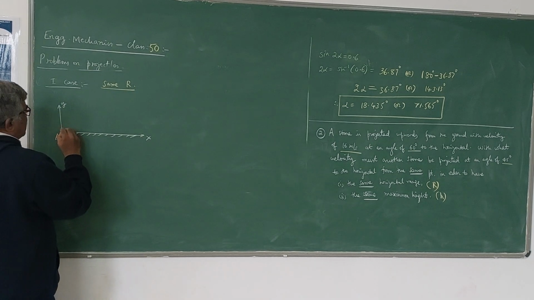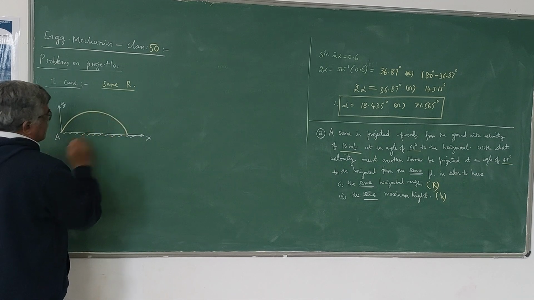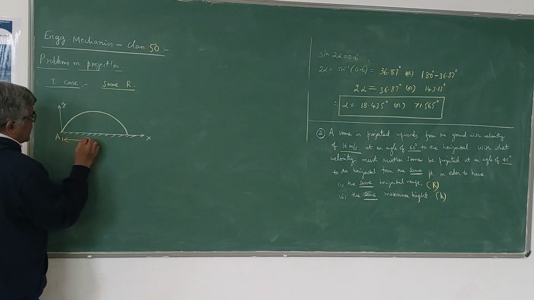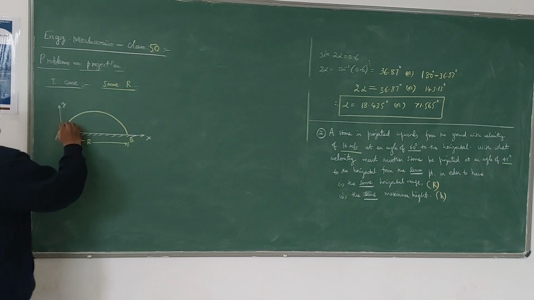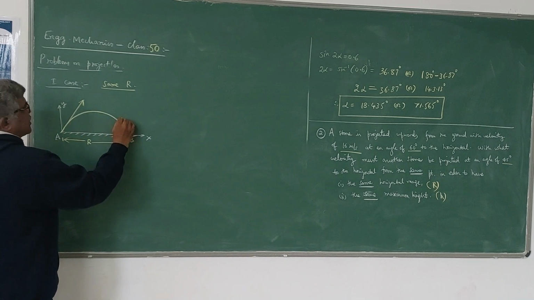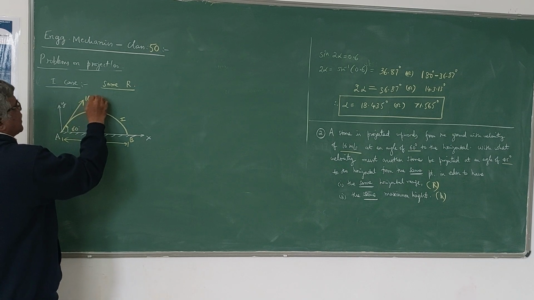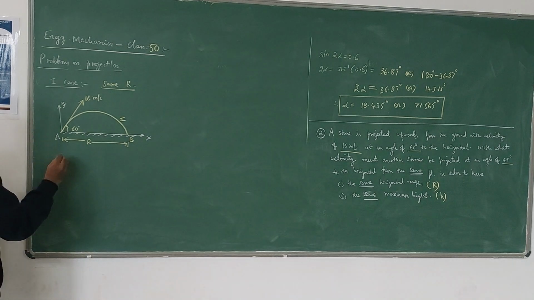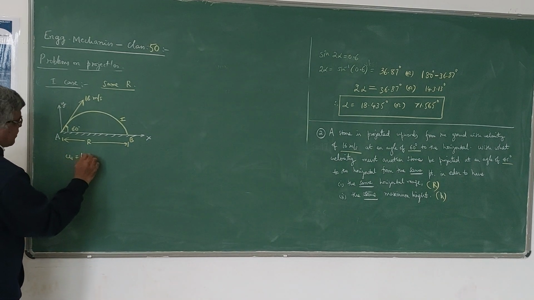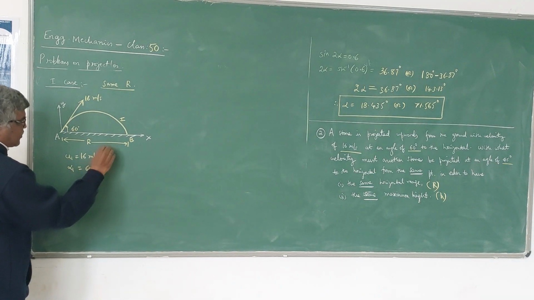See, this is the value of R. R is this, point B. So this first stone is projected at an angle of 60 degrees with velocity 16 meters per second. So I will write like this. U1 is 16 meters per second. Alpha 1 is 60 degrees. This is for the first stone.